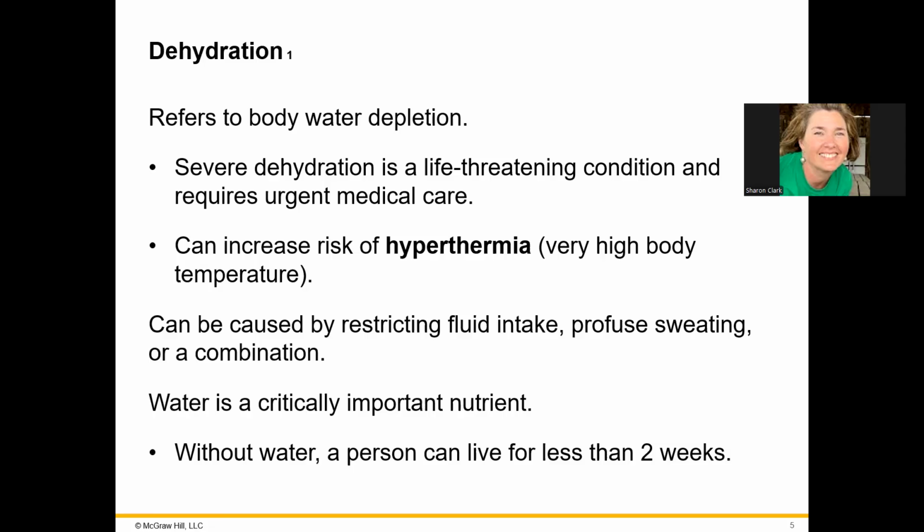Remember we talked about all the major functions of water: it's the solvent, removing waste, lubricating joints, regulating body temperature. So when you don't have enough water, it can increase the risk of hyperthermia, and hyperhidrosis, the profuse sweating, in combination can lead to a life-threatening event, which we definitely do not want.